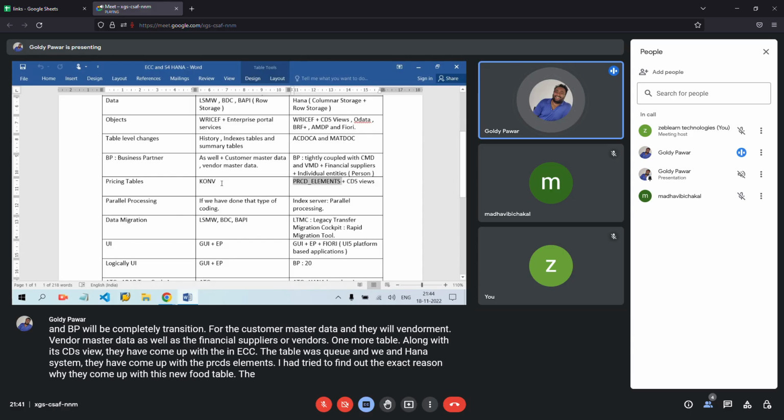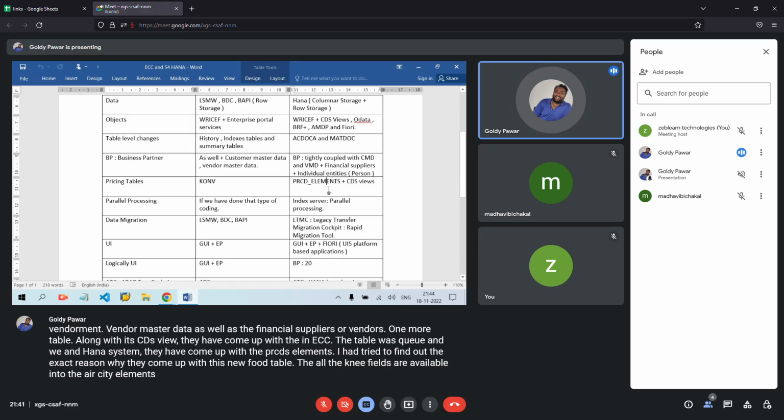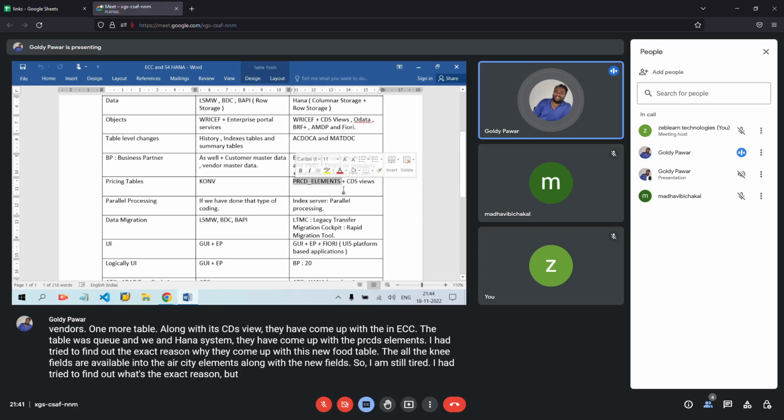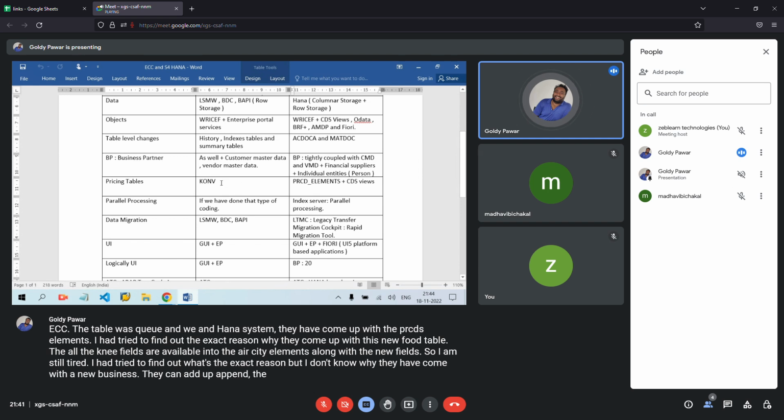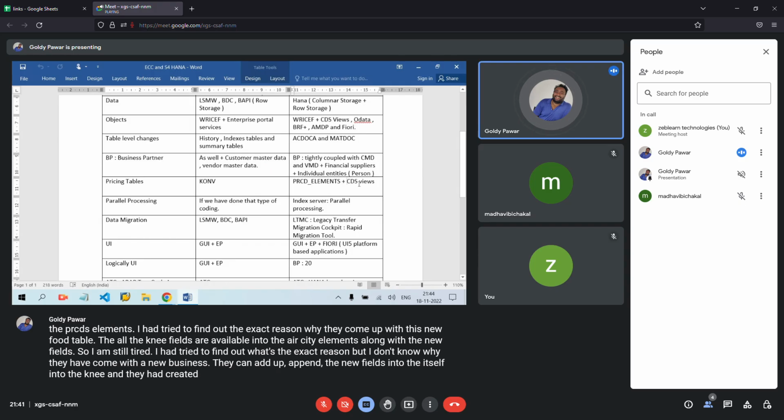All the KONV fields are available in the PRCD elements along with new fields. I still don't know the exact reason. They could have appended the new fields into KONV itself, and created the CDS view on top of that, PRCD elements.